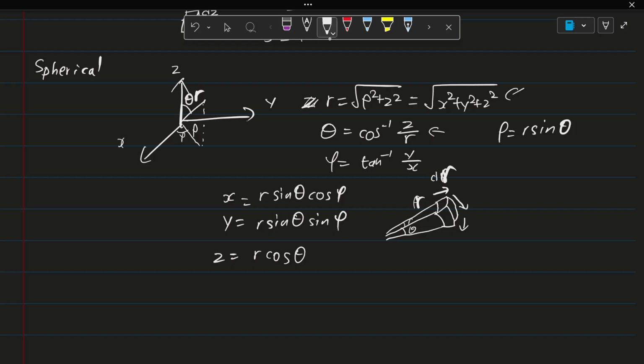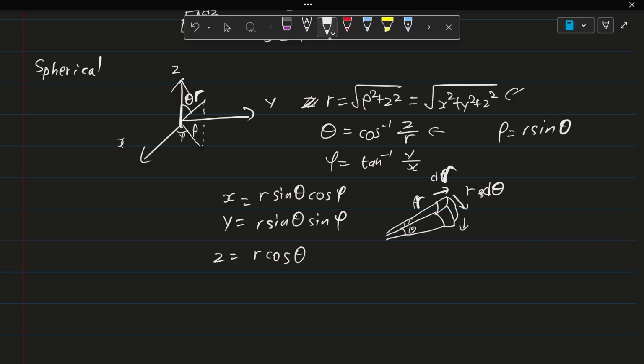So this length is just a small segment of the entire circumference. So it's going to be r sine, no sorry, it's r d theta. That's the one that's going down.